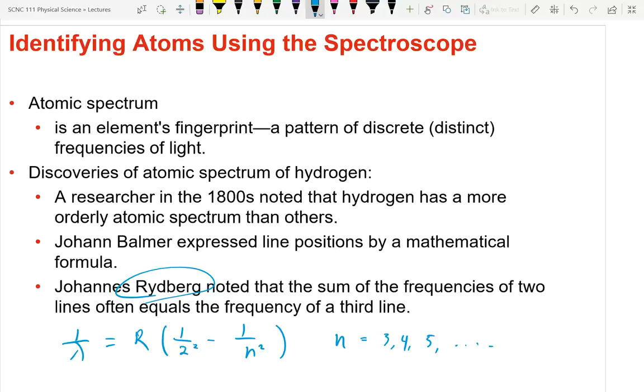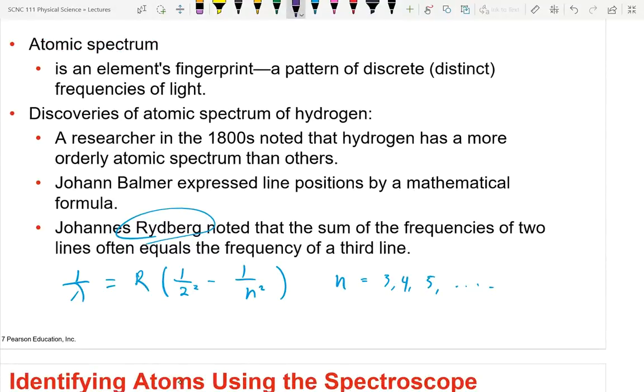As equipment got better, people developed equipment that could see ultraviolet radiation. And when they saw that there was ultraviolet radiation, they saw, hey, there are more lines here in the ultraviolet spectrum. And so Lyman, I don't know Lyman's first name, came up with his own equation that said, well, those ultraviolet lines are matched by this equation.